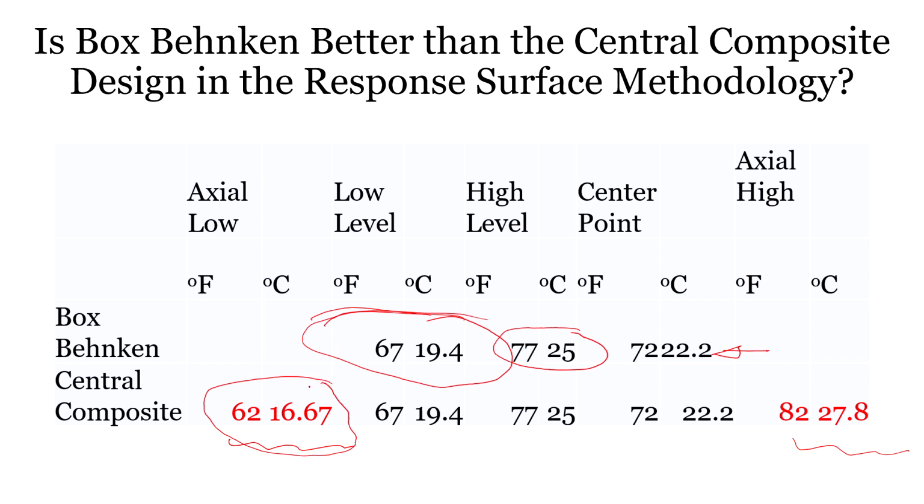Do we really need to study this temperature that someone will feel uncomfortable at? Same thing for the high level. Do we really need a study to understand that 82 degrees is an uncomfortable temperature? Absolutely not. We know that.